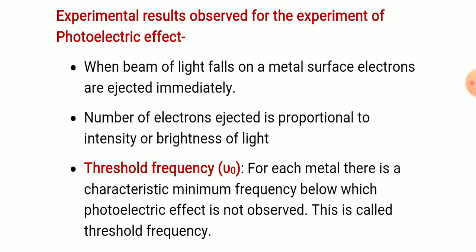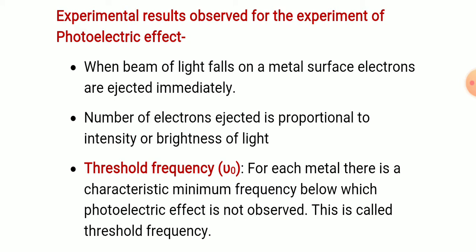For each metal there is a characteristic minimum frequency below which photoelectric effect is not observed. That is, photoelectrons will not eject from the metal surface if you shine light below some minimum frequency.